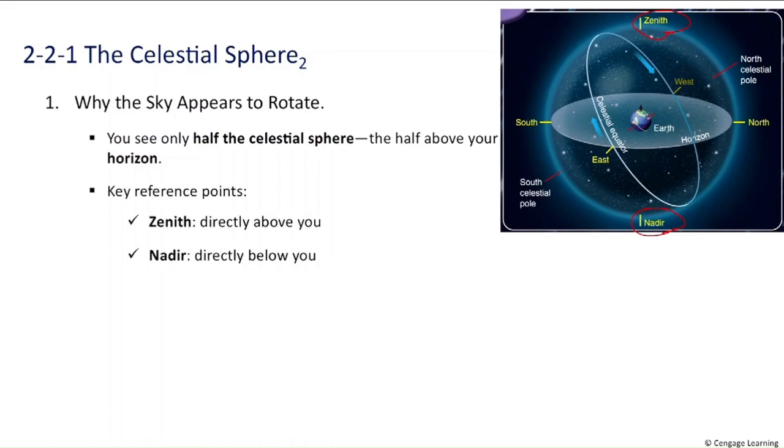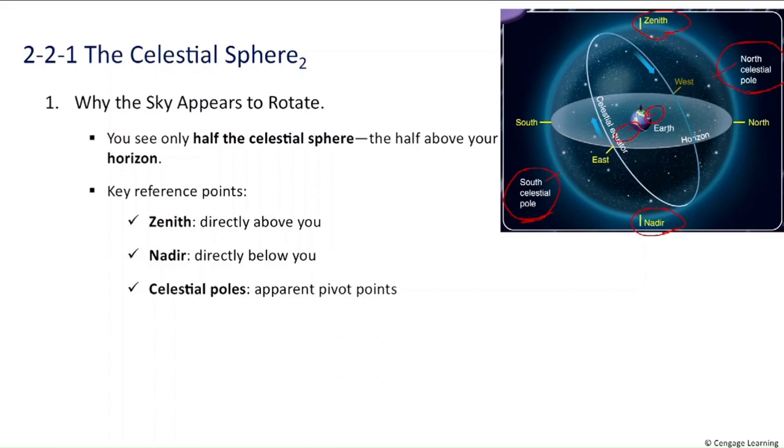So this drawing at the right shows the view of an observer in North America. An observer in South America would have a completely different horizon, zenith and nadir. So here's something cool. The sky seems to pivot around two invisible points, the North Celestial Pole and South Celestial Pole, which are directly above Earth's real poles.